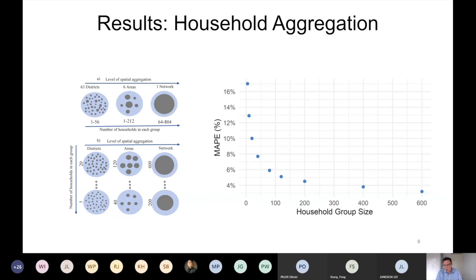So basically, as we all intuitively felt, as the household group size reduces, the error increases. But to the best of our knowledge, this is probably one of the first attempts that can quantify this, that can put a number to different household groupings. This, of course, has implications for hydraulic modeling. For example, if you want to group a relatively small number of households on a network node to do the hydraulics, then you can expect to get lower accuracy or higher error than for the larger ones.